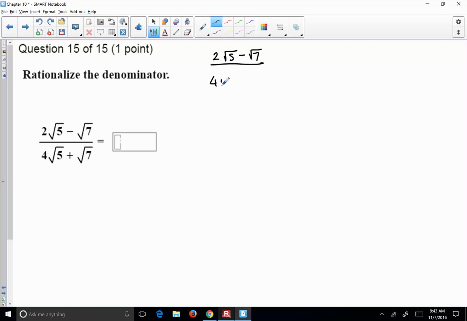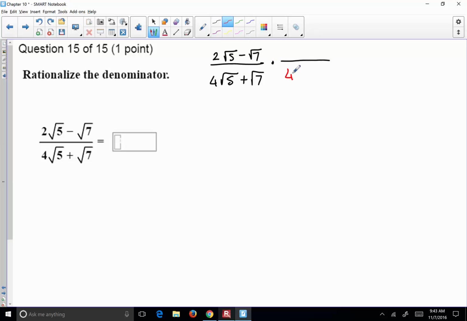So we definitely need to multiply top and bottom by something. It's called the conjugate. So what is the conjugate of 4 root 5 plus 7? Yes? What is it? Minus 7. Yeah.